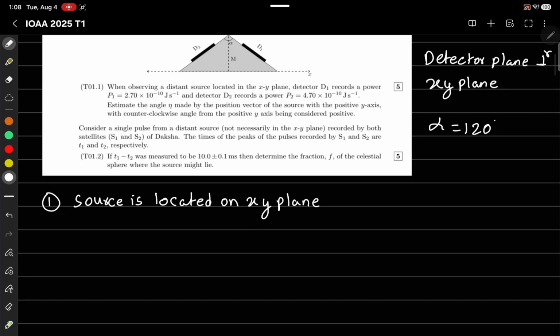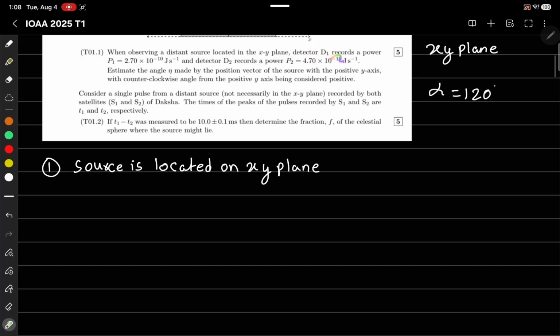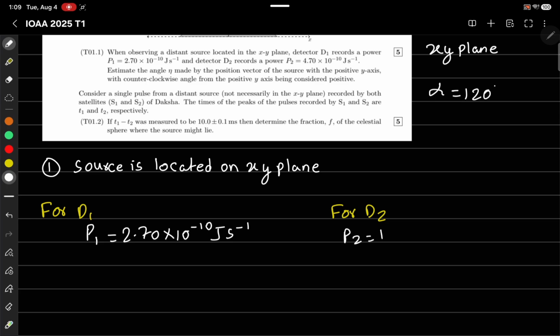Then detector D1 records a power P1, so for D1 my power is 2.7 into 10 to the power minus 10 joule per second, and similarly for detector D2 the power is 4.70 into 10 to the power minus 10 joule per second.